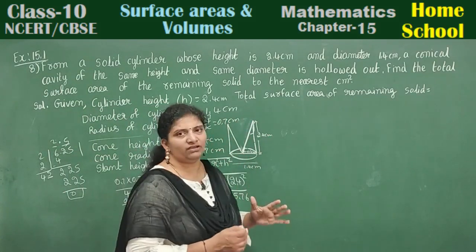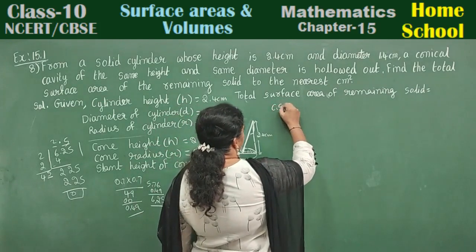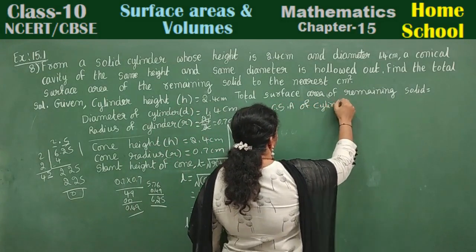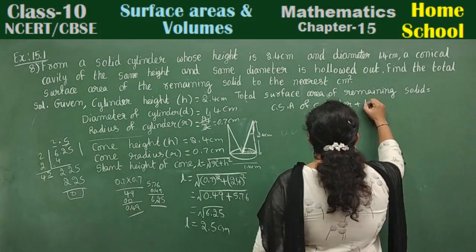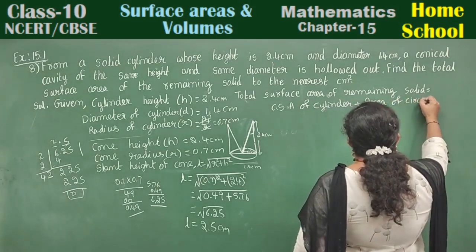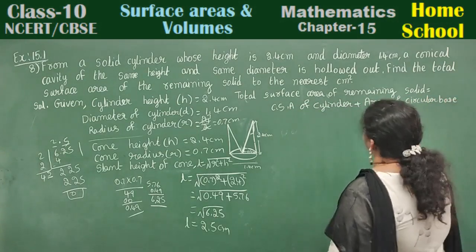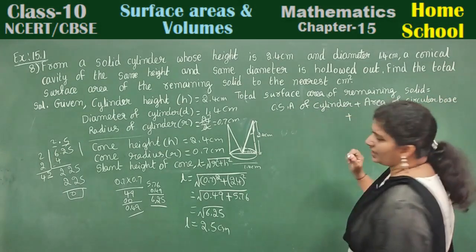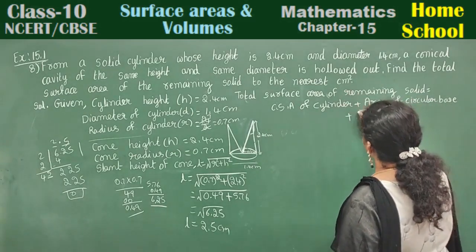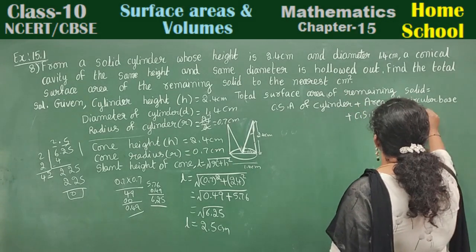Total surface area of the remaining solid. What solid remains? We need to calculate the surface area. Write the formula: CSA of cylinder plus area of circular base of a cylinder plus CSA of cone.